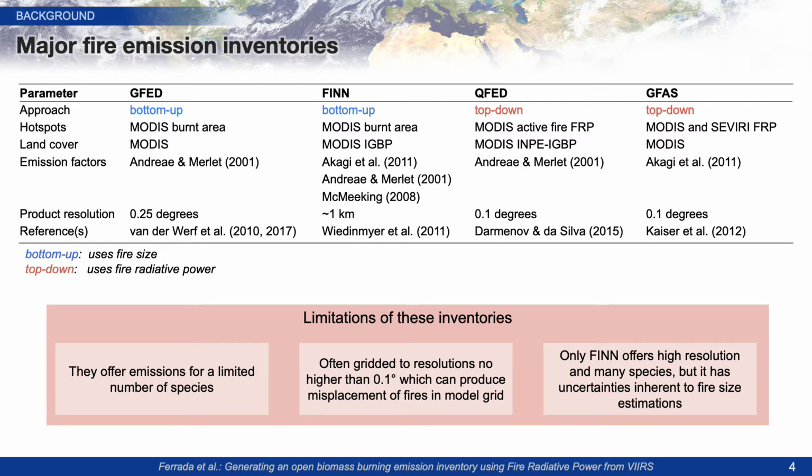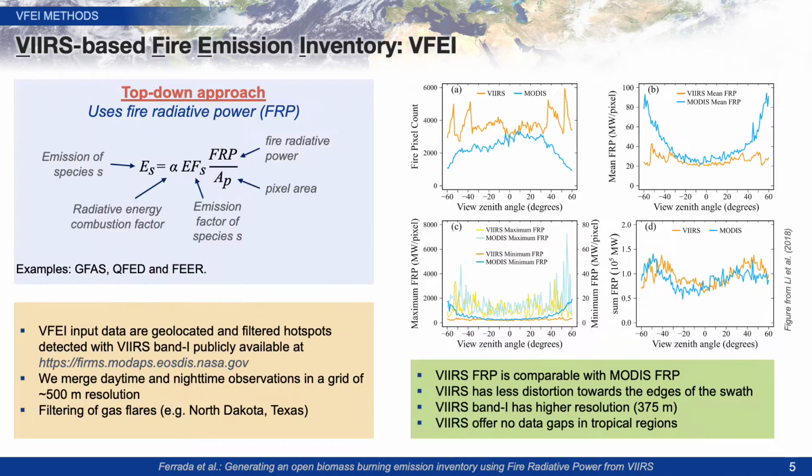On the other hand, QFED and GFAS use the top-down approach, which makes use of the fire radiative power from satellites. However, these inventories have some limitations, especially regarding their product resolution, in which, with the exception of FIN, are gridded at no higher resolution than 10 kilometers. This is a problem when using these emissions on high-resolution model simulations, because fires can be misplaced.